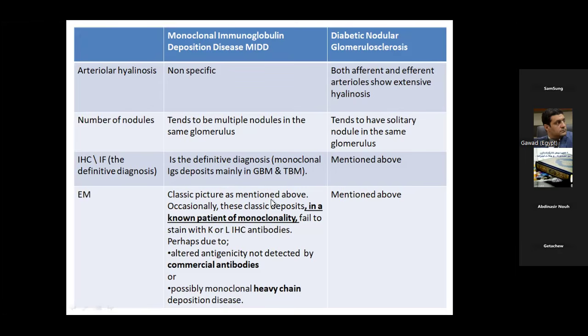For EM, as we have said, the monoclonal deposition has powdery-like deposits. And let's read these sentences. That classic picture is, as mentioned, occasionally these classic deposits in a known patient with monoclonality fail to stain for kappa or lambda immunohistochemistry antibodies.